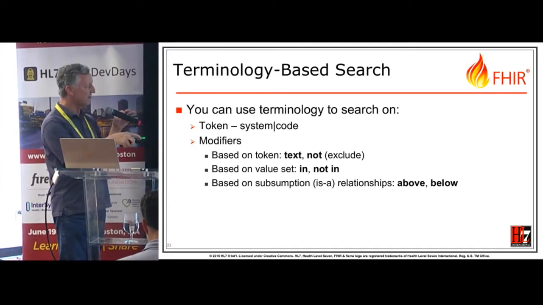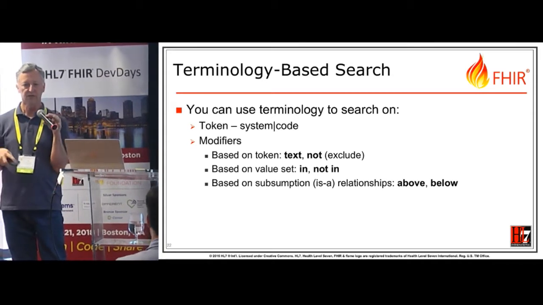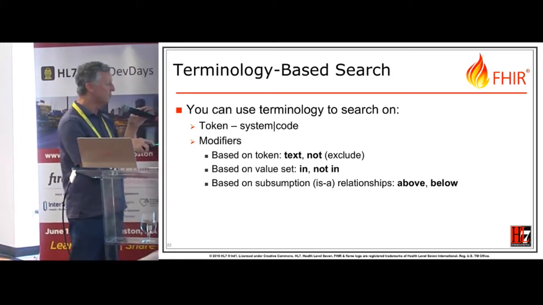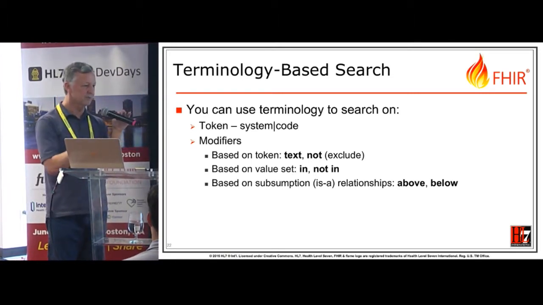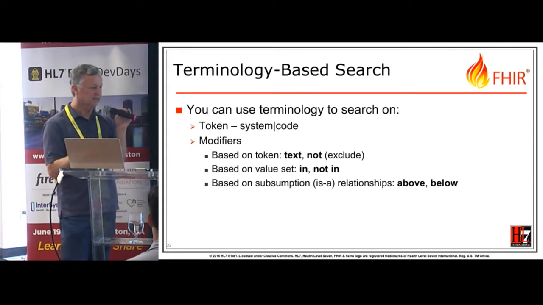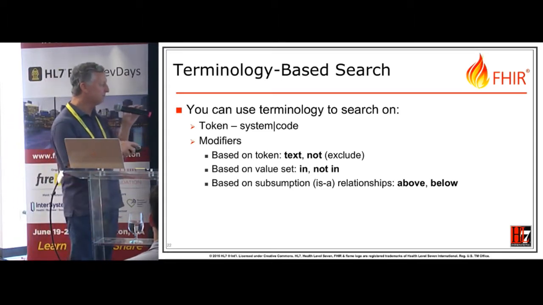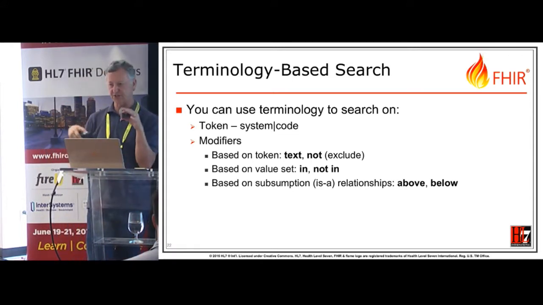You can also do it based on value sets. It's either in or not in a value set, and so if you happen to know a value set that way, you can leverage that. Or you can do it on some assumption, which is a relationship, like cat is a mammal or that type of thing, so you can say above or below. It just presumes that your code system has a hierarchy.